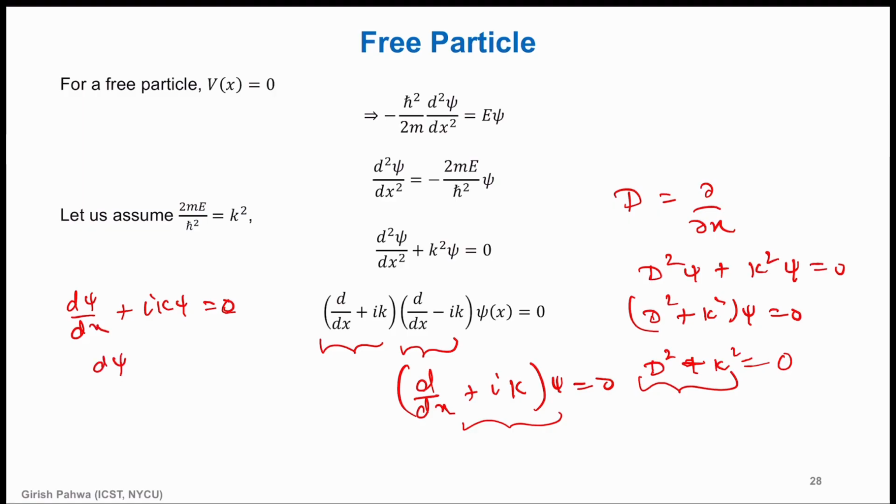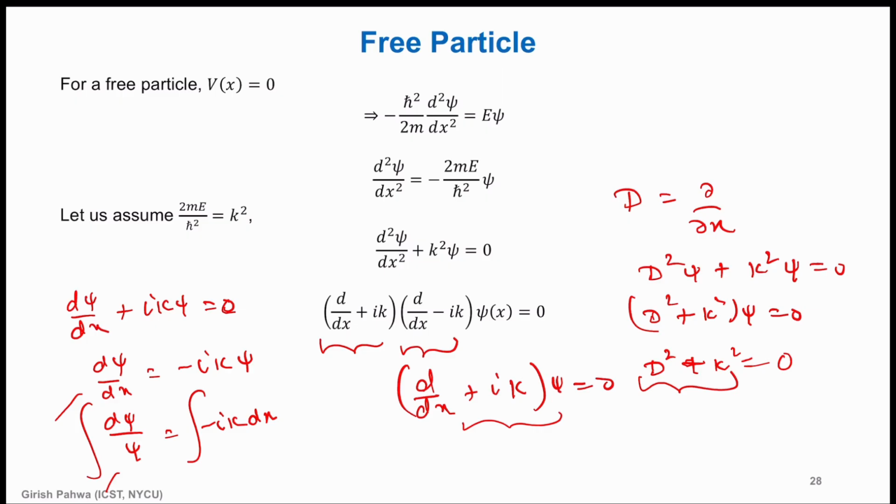D psi by dx is equal to minus iota k psi. So take this here: d psi by psi equal to minus iota k dx. Integrate, what do you get? Some exponential, e to the power minus iota k into x, something like that. Yes, there will be some integration constant also.